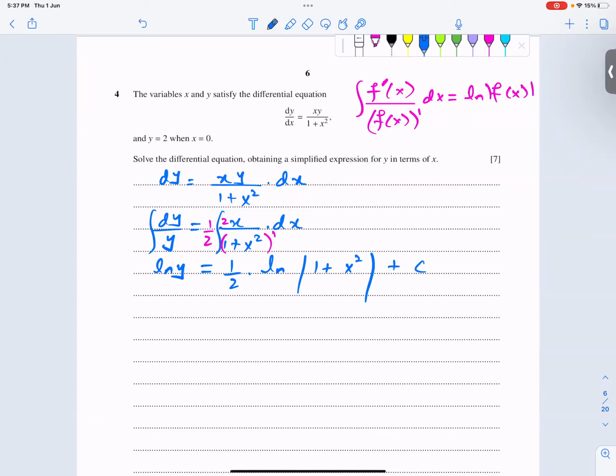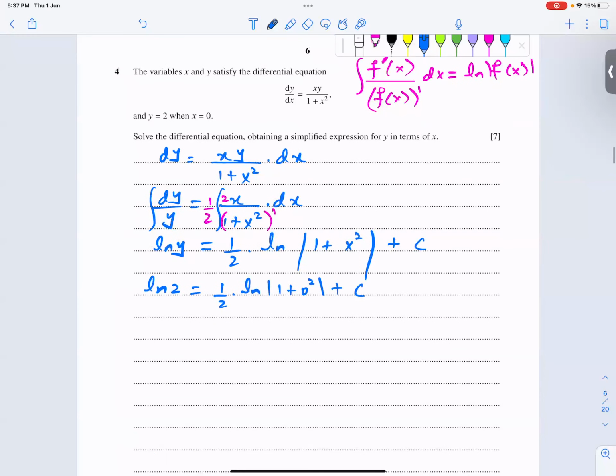Now apply the condition. The condition was y is equal to 2 when x is equal to 0. Just put y is equal to 2, ln 2 is equal to 1 over 2 ln of 1 plus 0 square, plus c. So do the mental maths here. 0 square is 0, ln of 1 is 0, okay? You need to remember a few things like sin 0 is 0, cos 0 is 1, ln 1 is 0, okay?